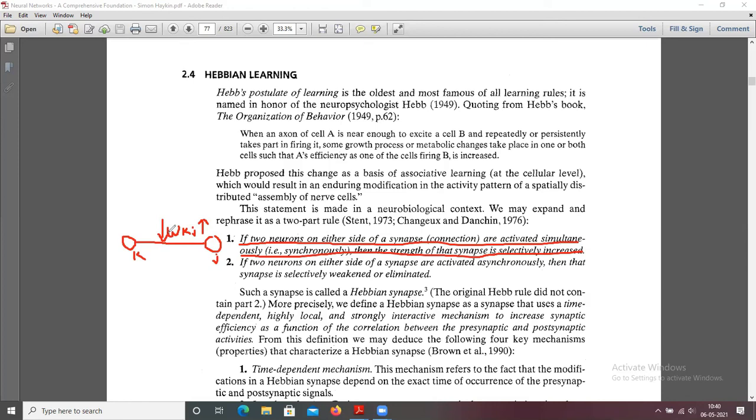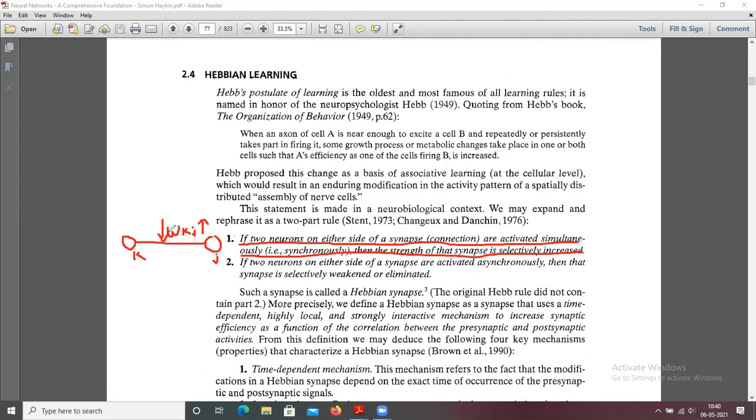One: if two neurons on either side of a synapse are activated simultaneously, then the strength of the synapse is selectively increased. Another: if they are activated asynchronously, then the strength of the synapse is selectively decreased.